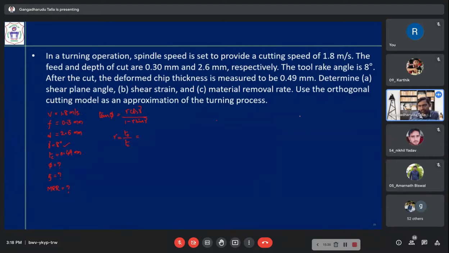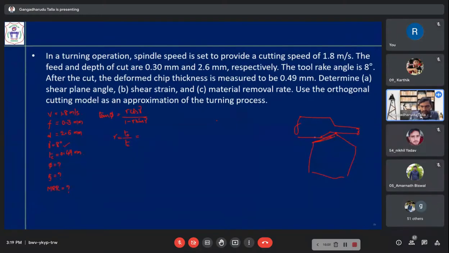So if you understand the diagram, just for your understanding, I'm drawing this. Okay, this is a cutting tool here. Now let us say in one turn, it is going up to this.